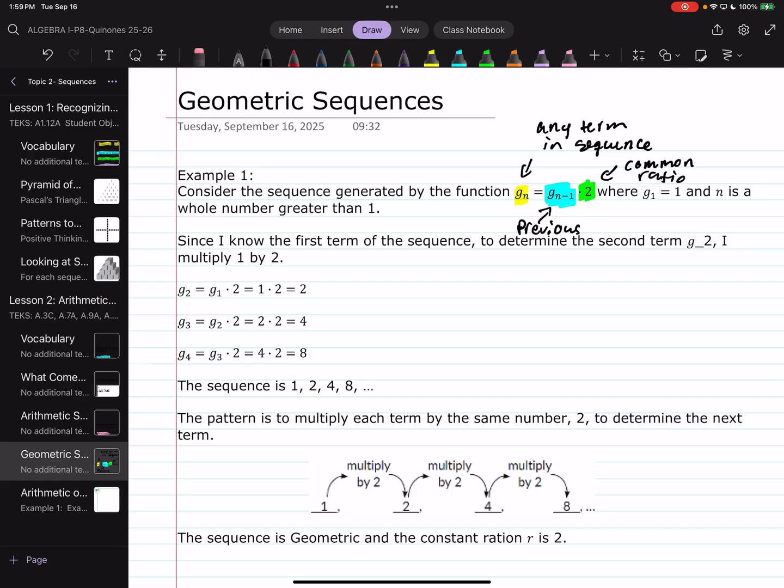So we do this every single time. We go to the previous one, multiply it by the ratio, we get the next one, so on and so forth.